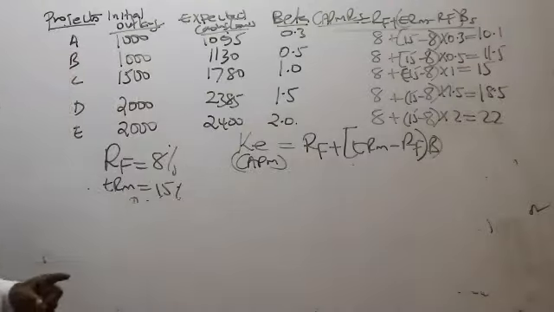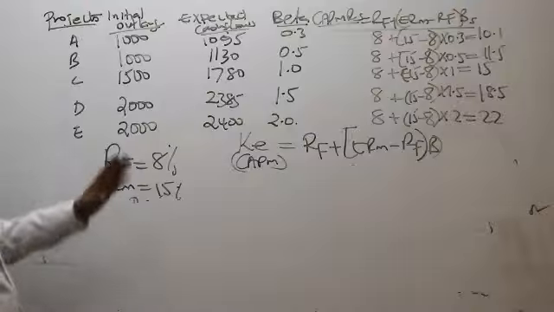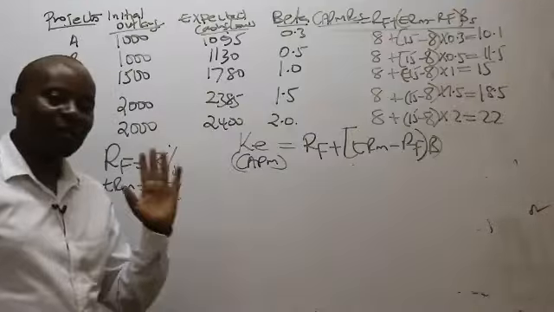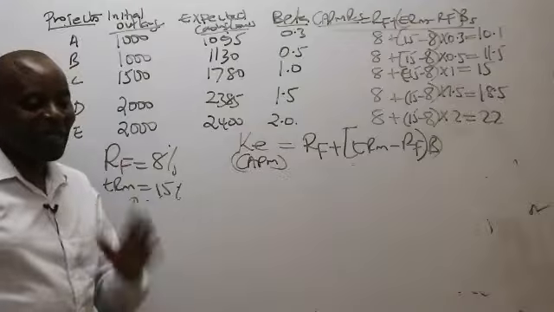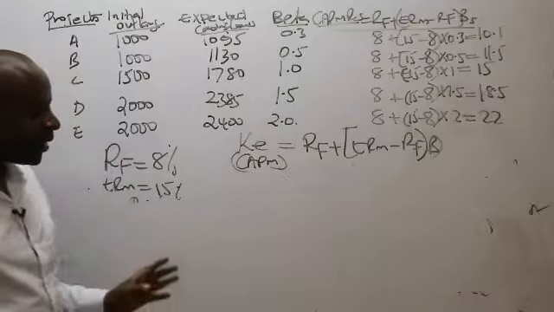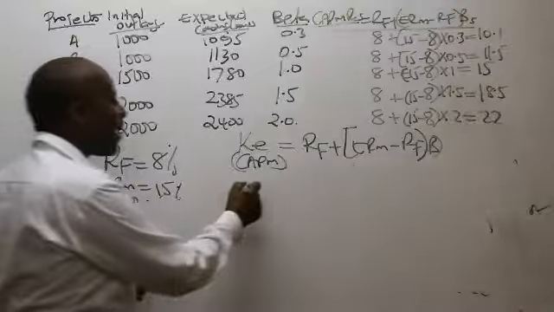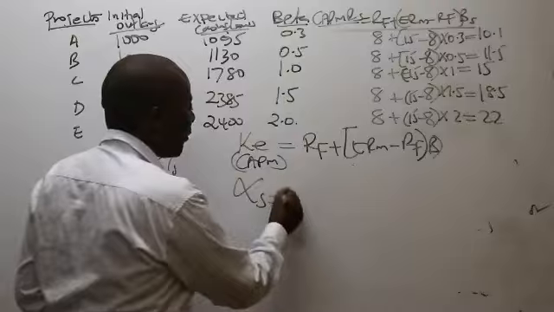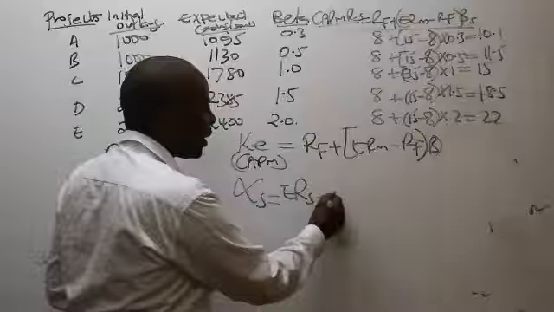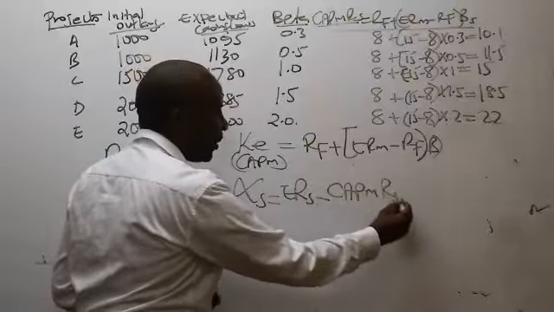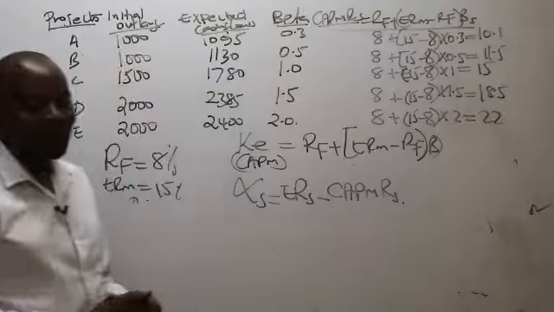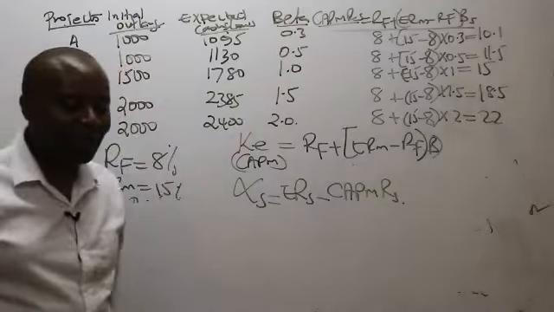So, ladies and gentlemen, we only make decisions on acceptability of projects using the Jensen's alpha value. And this alpha of our security will always be given by ERS minus the CAPM returns.